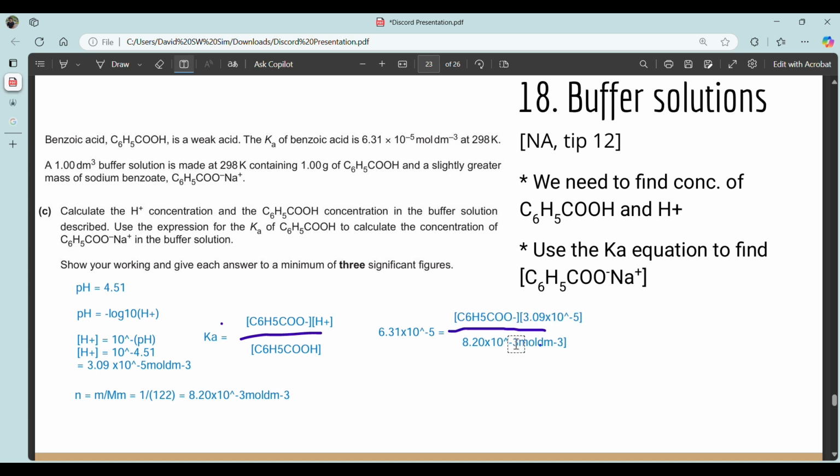Okay, so basically just use your calculator and try to do the math. Give me the concentration of C6H5COO-.